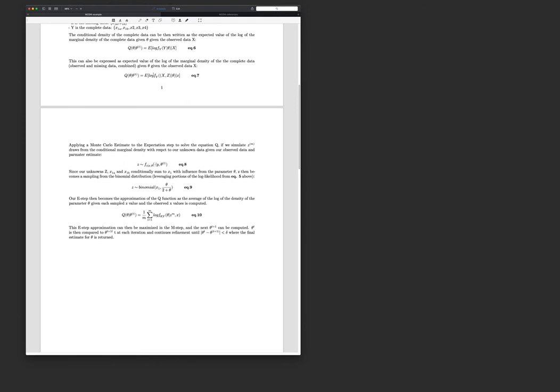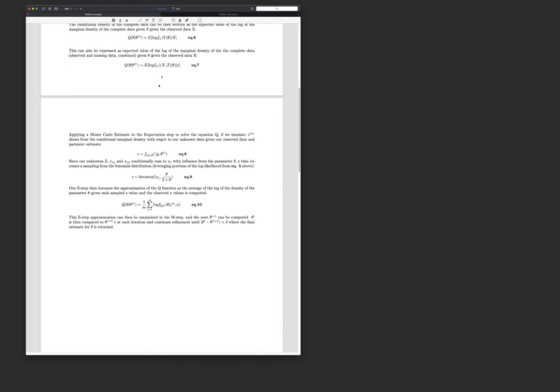Going to the EM equation, we attempt to write that full expected value here, which is expressed this way. We do a little bit of manipulation to express the expected value of the log of the marginal density of the complete data, y here, given our observed data x.